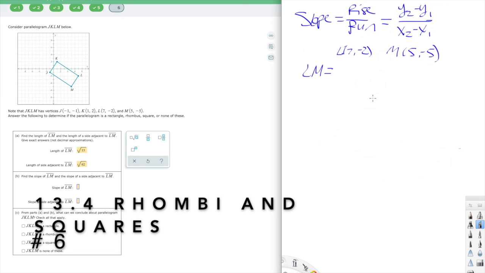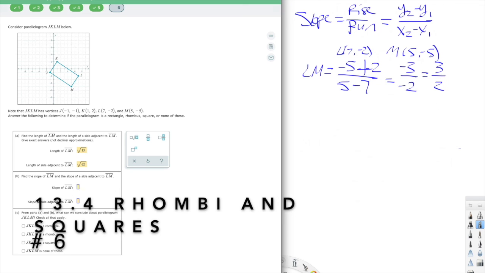And so we have y minus y over x minus x, it was minus negative because it's the two negatives, and then 5 minus 7. So I end up with negative 3 over negative 2. Well, the two negatives are going to drop away. It's just going to be 3 over 2. That was actually a guess. I didn't mean to do the 3 over 2. I was just kind of guessing there. That's very silly. I did not mean to guess that slope there.